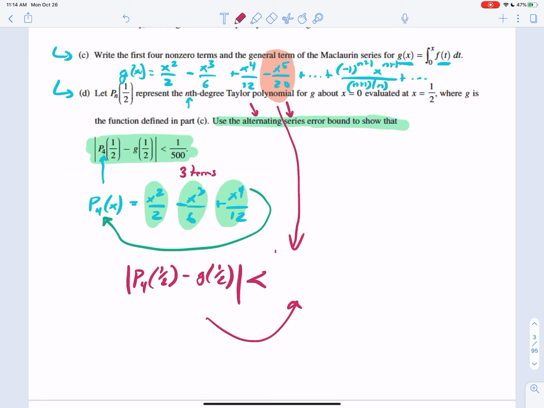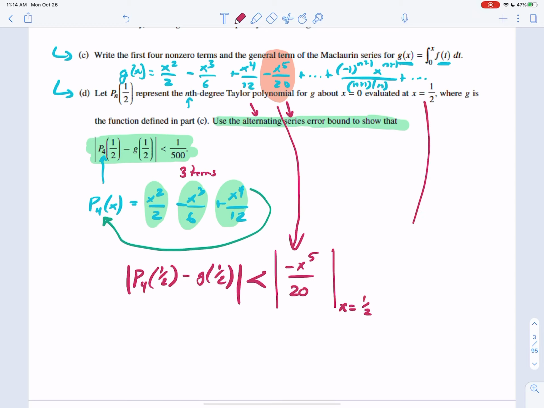So that's going to be the absolute value of negative x to the 5th over 20, okay? Evaluated at 1/2, because right there. All right, so here we go.